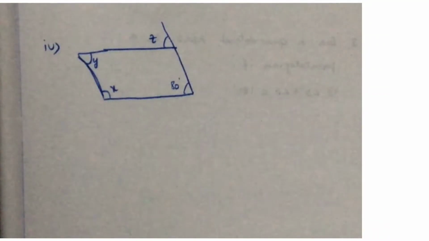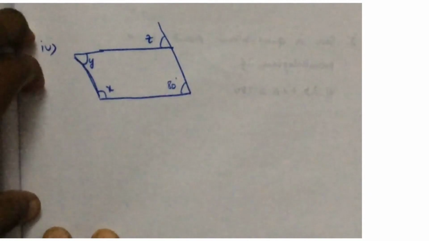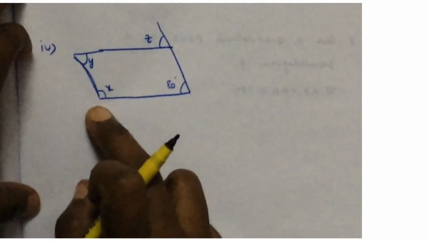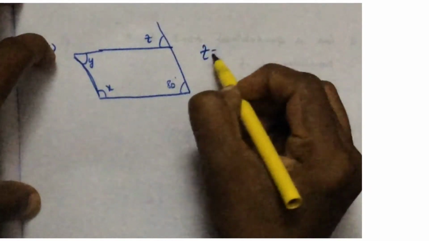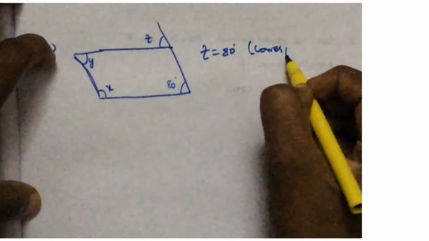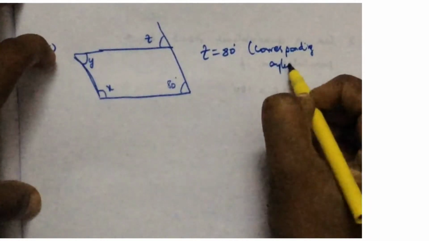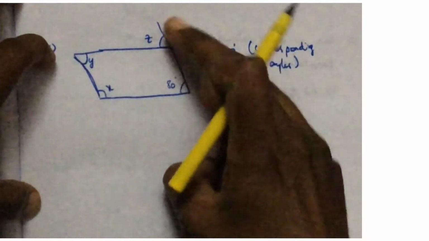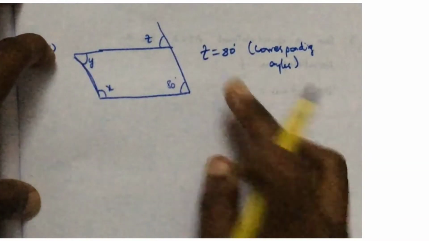Next question, I have to find X, Y and Z. I will start with the X. X is here, Y is here and Z is here. First I can say Z is 80 degrees because of corresponding angles. We know that these two angles are corresponding angles. So, Z is 80.